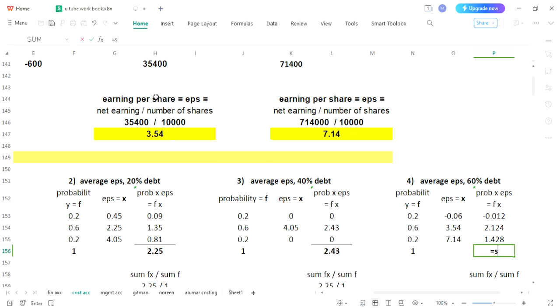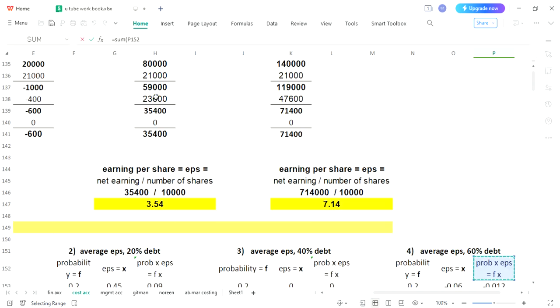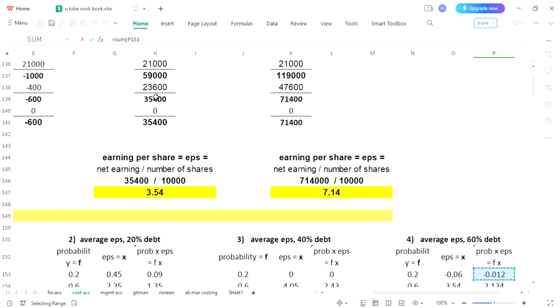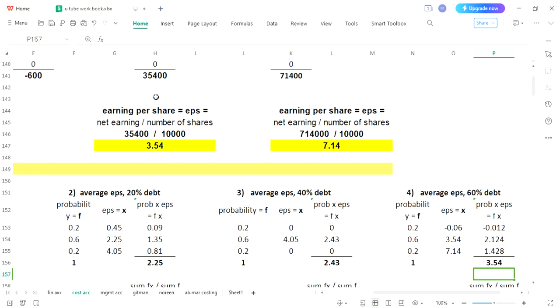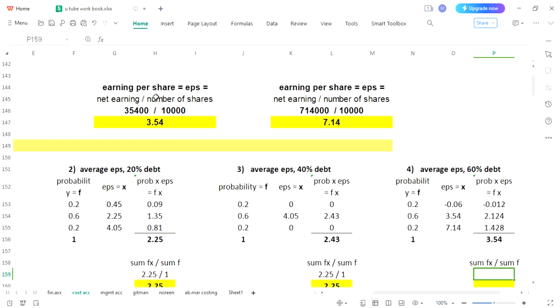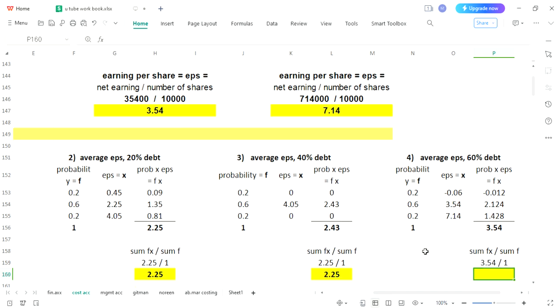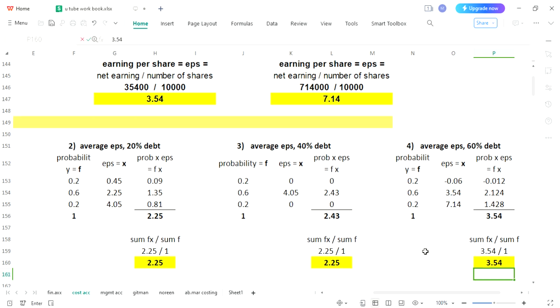Now we are ready to calculate the sum of FX, and to calculate the sum of FX we need this column. So we have got the sum of FX, 3.54. To calculate the mean we need to divide it with sum of F, that was 1. So it means 3.54 is your final EPS.